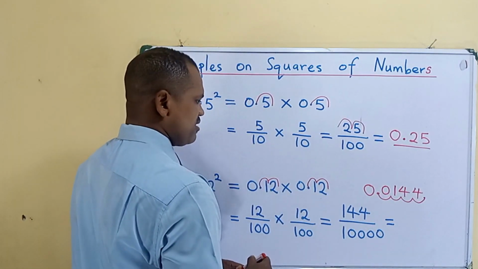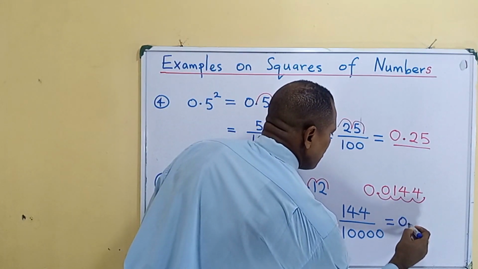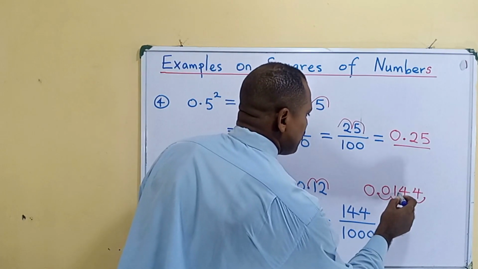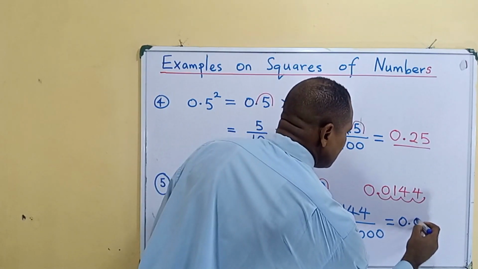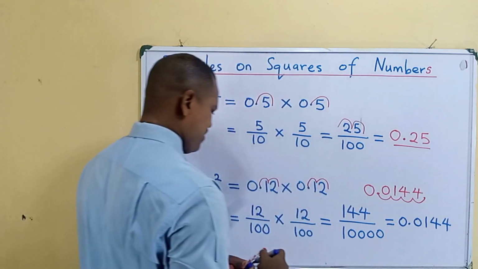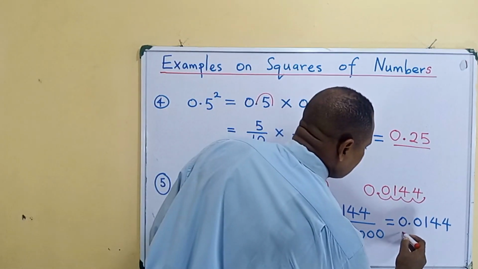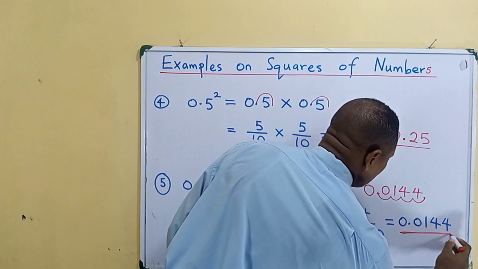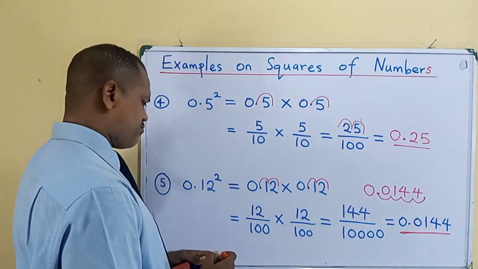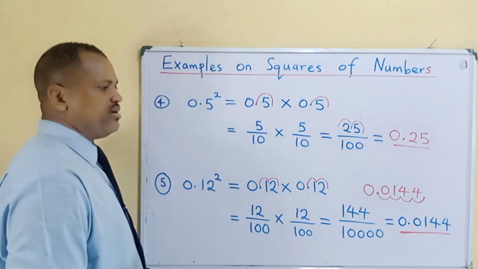So that means this will be 0.0144. Good. So I hope you are getting it.